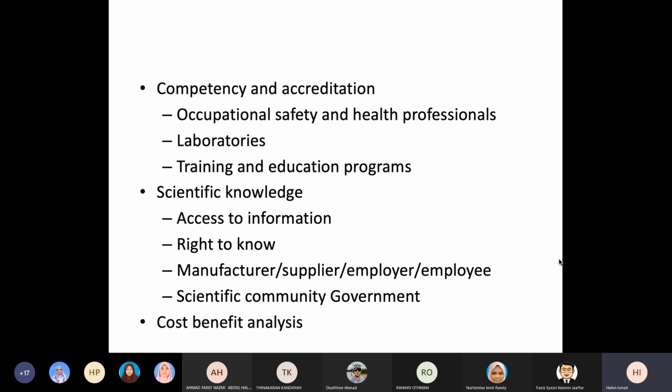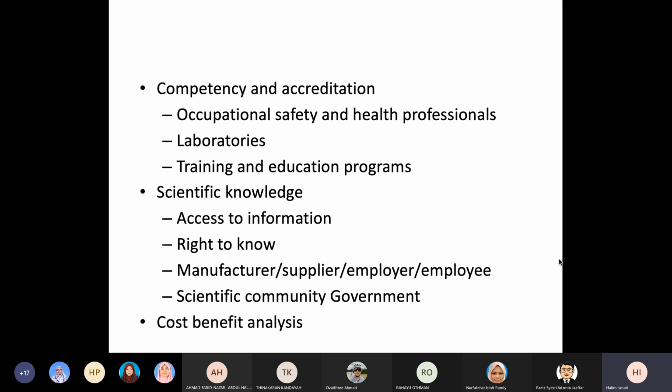That will include OHDs, industrial hygienists, and chemical health risk assessors. So there are tons of professionals under OHD, and their competency and accreditation are all monitored by DOSH. And the same thing in terms of laboratories as well.